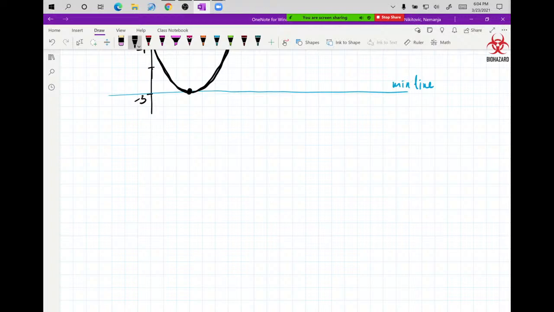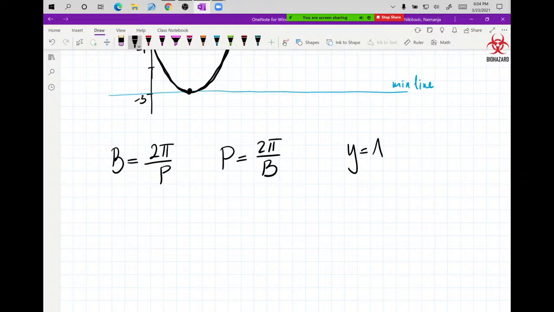All right, so we said that B is related to the period. Now, I don't care which one of the two formulas you use, it's the same formula, just algebra flipped. You need to know one of these, and you will be able to compute the period. Now, what is the period doing? Well, remember, it was y equals a sine bx minus c plus d.